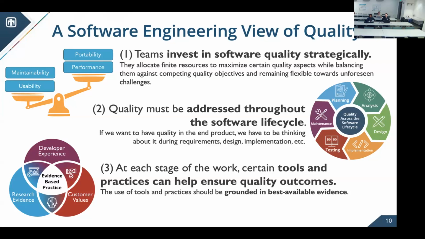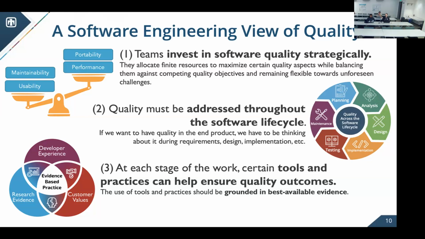You say, I want to support these operating systems, these GPUs. I'm not going to commit to supporting everyone's platform, right? So the idea is that you're looking to maximize certain aspects of quality, but you also have to balance it against other needs. How much time do you spend on ensuring that quality versus other things that are equally important, like, I don't know, implementing the algorithms to actually do the science, right? These are all trade-offs that we have to make.